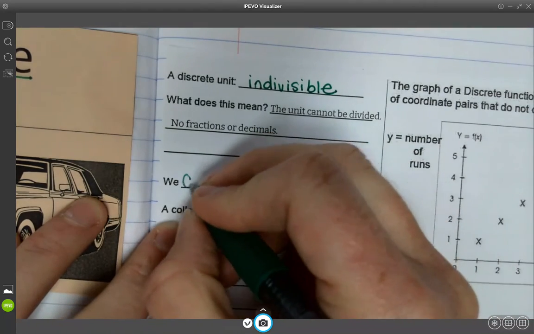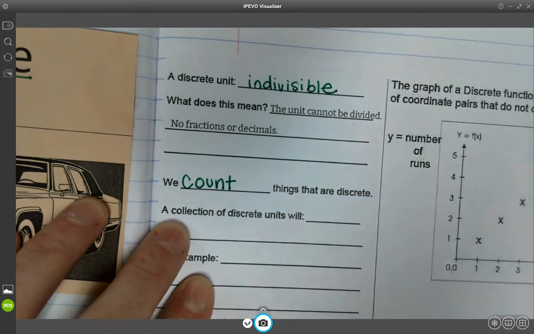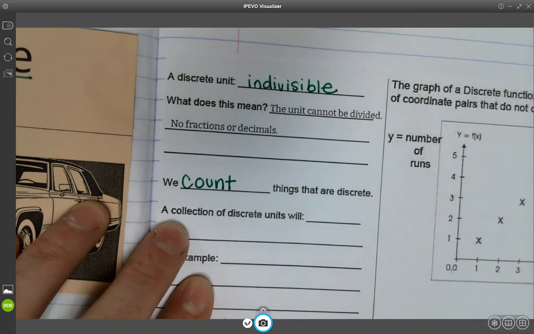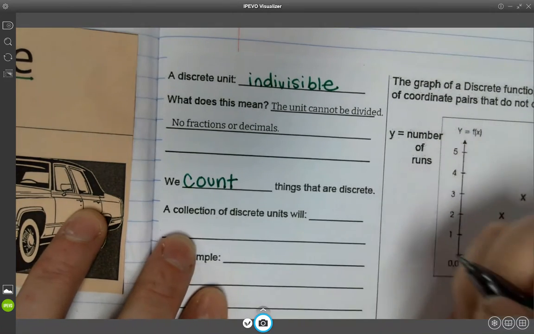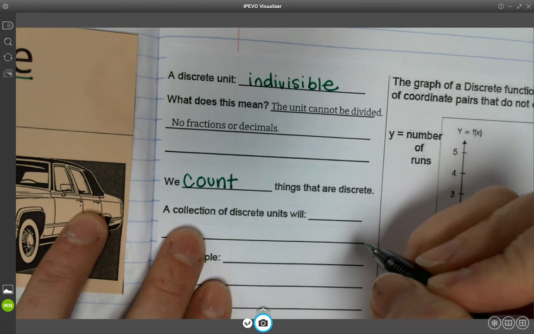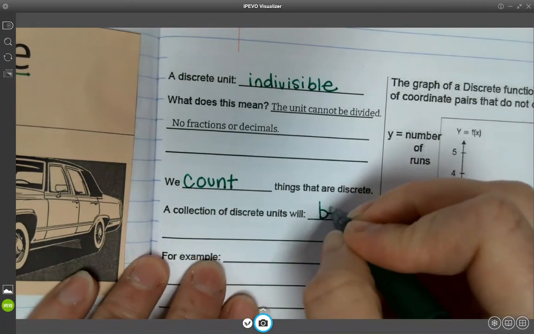We are going to count discrete data. Literally count, like I can go around and point at each one of you and count how many of you there are. A collection of discrete units will be complete units.